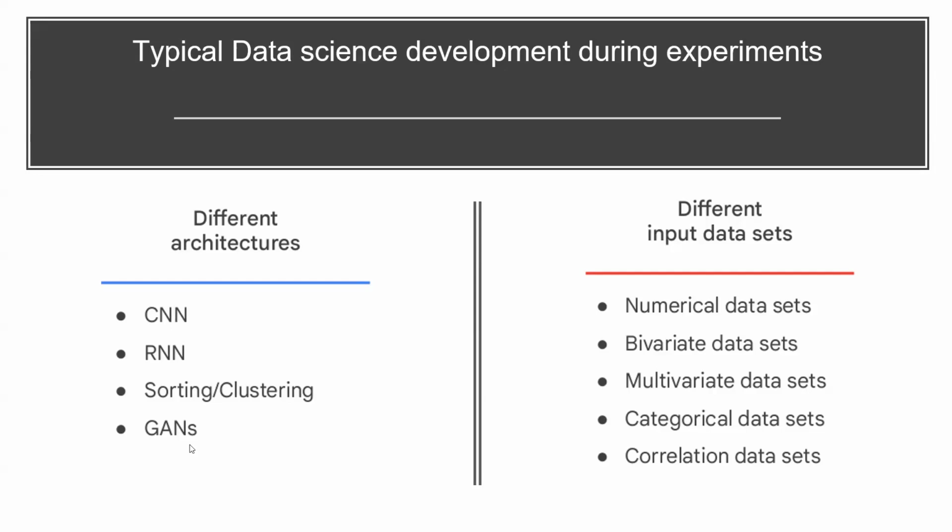These are all part of deep learning and different input data sets, numerical data set, bivariate data set, multivariate data sets. These points will be discussed in the statistics class.